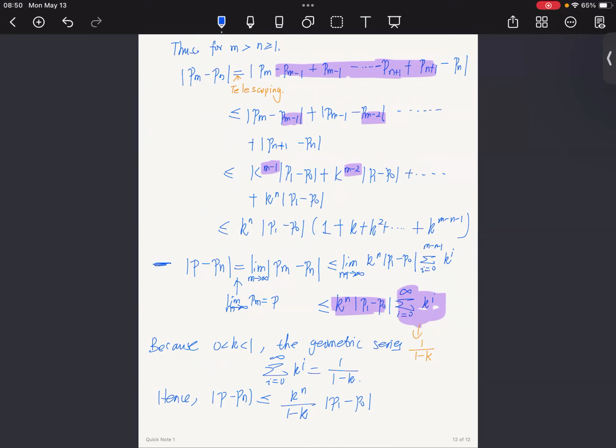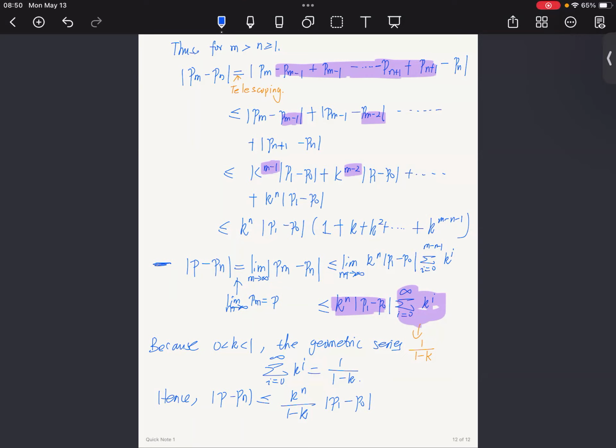By using the results above, we have this result here. And for this part, we use the geometric series result, and this is 1 over 1 minus k. This converges because k is smaller than 1. And that's all about the proof.